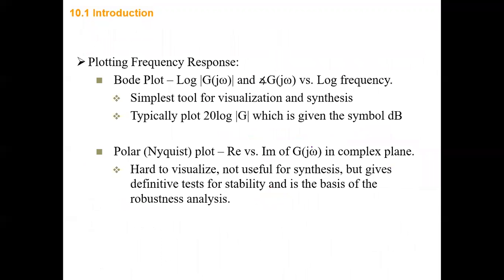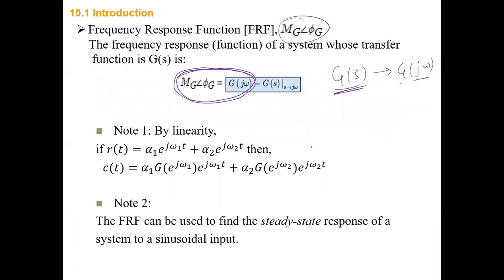Okay, this is the linearity property. We just did only one frequency here, right? Our r(t) was this. Now, suppose you have an r(t) that is a combination of different frequencies like this, omega 1 and omega 2 in this case. It could be 3, 4, 5, as many as you want. If you have a combination of frequencies times alpha 1 and alpha 2, which is called a linear combination, then the output will also be a linear combination.